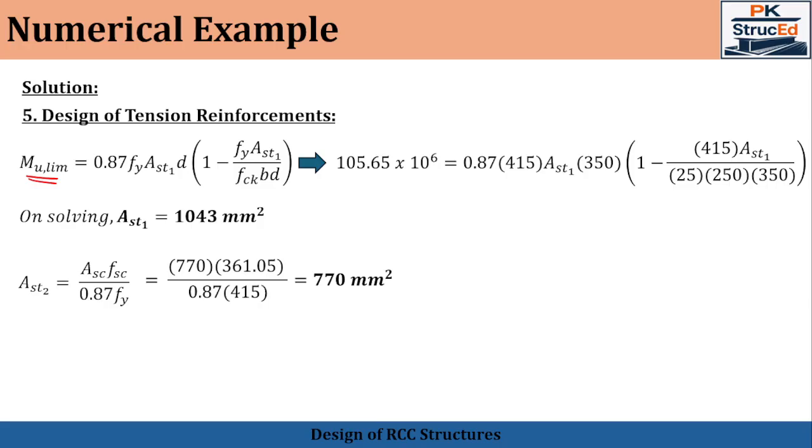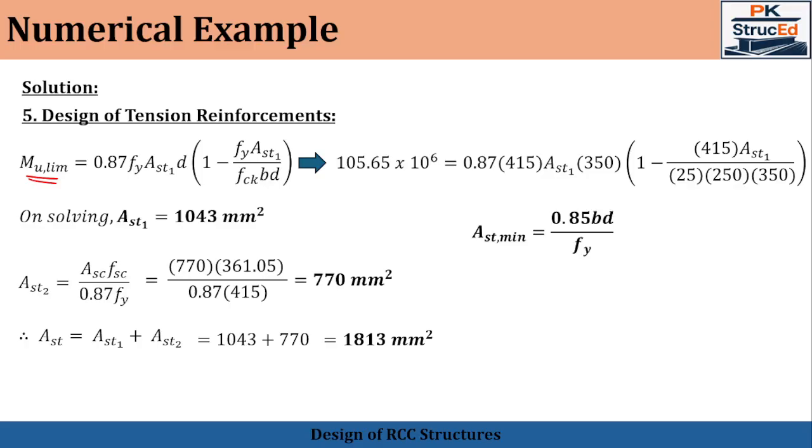So the total area of the steel in the tension zone is AST1 plus AST2, which comes as 1813 mm square. Now we will check for the minimum percentage of the steel, that is 0.85 BD by Fy, which comes as 180 mm square. The value of AST provided is more than the minimum requirement. Hence we can provide the as such calculated value.